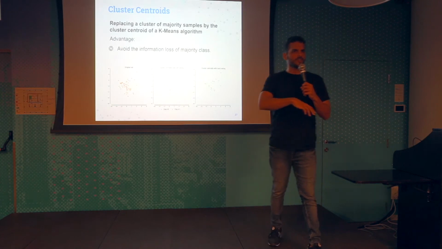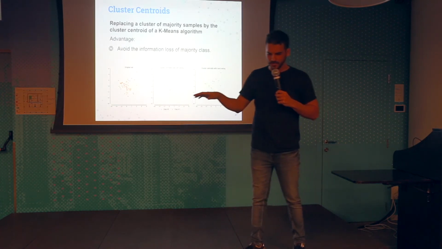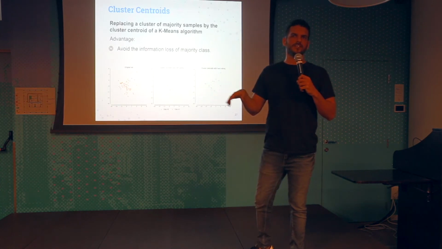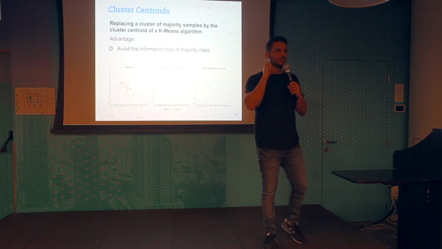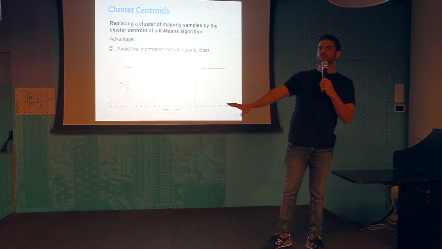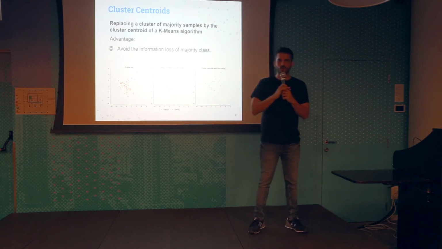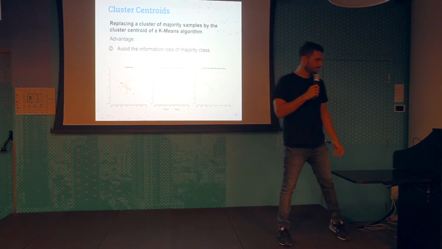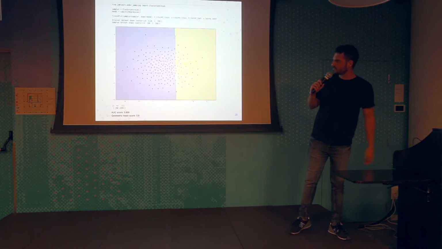You want to make sure that the entire space that the majority class lives in is represented in your data. You don't want to leave it to chance, where there's an entire region of my data that I haven't sampled from, so my classifier has no idea that there's a majority point there. So basically you avoid information loss.